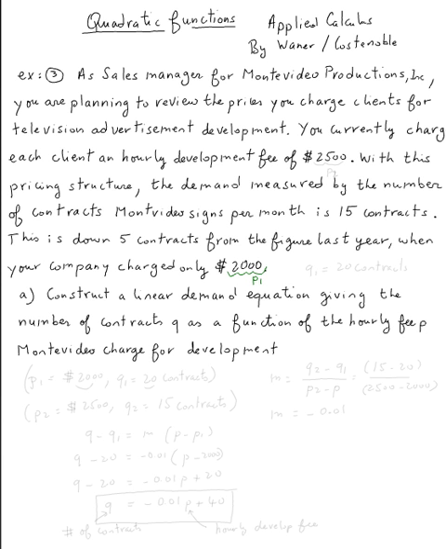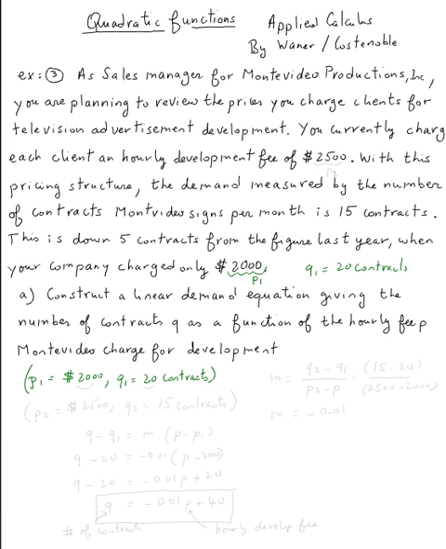So Q1 would be 20 contracts. So let's write this down. When P1 is $2,000, the quantity demanded, the number of contracts, is 20 contracts.